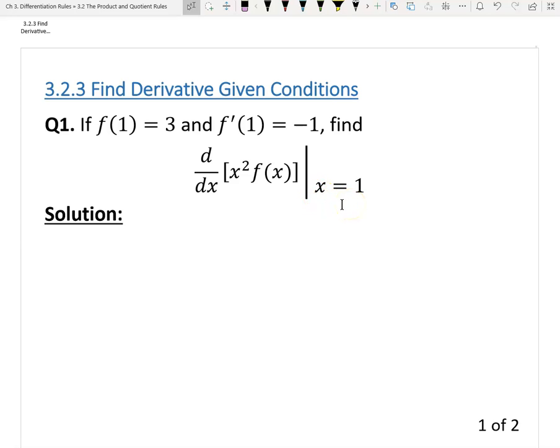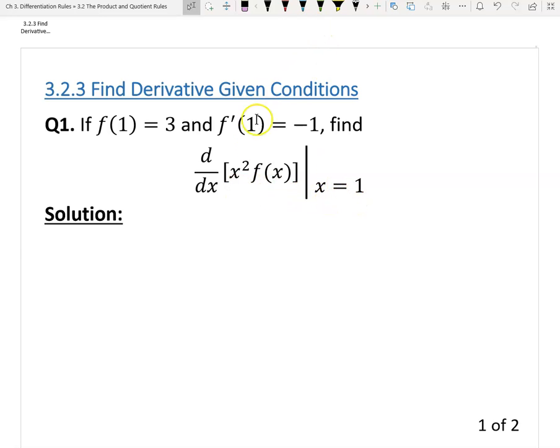For this type of question, all we need to do is pay attention to the notation. This is the Leibniz notation of derivative, and this bar means given x equals 1, which means find the derivative at x equals 1.